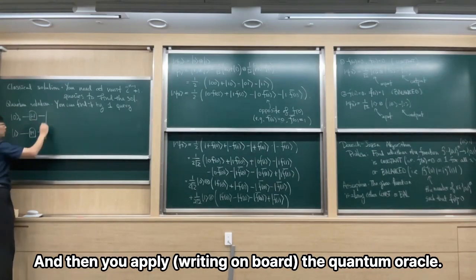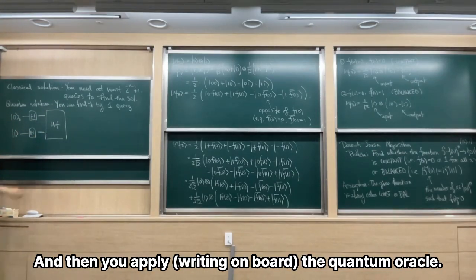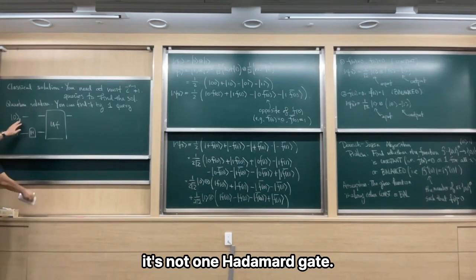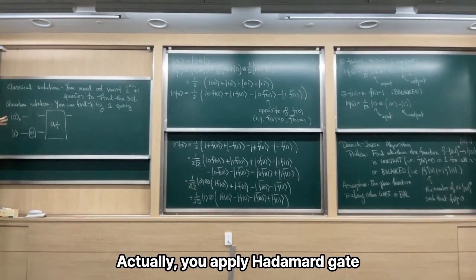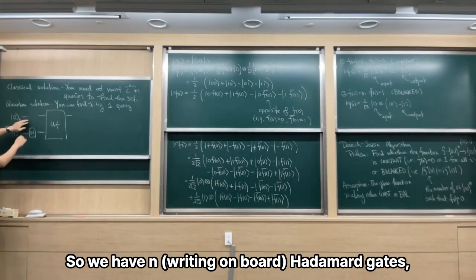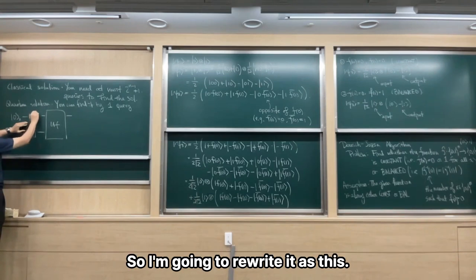So anyway, that's the first quantum operator. And then you apply the quantum oracle. By the way, when you apply the Hadamard gate, it's not one Hadamard gate. You apply a Hadamard gate on every single input qubit, so we have n Hadamard gates combined by tensor product. So I'm going to rewrite it like this.